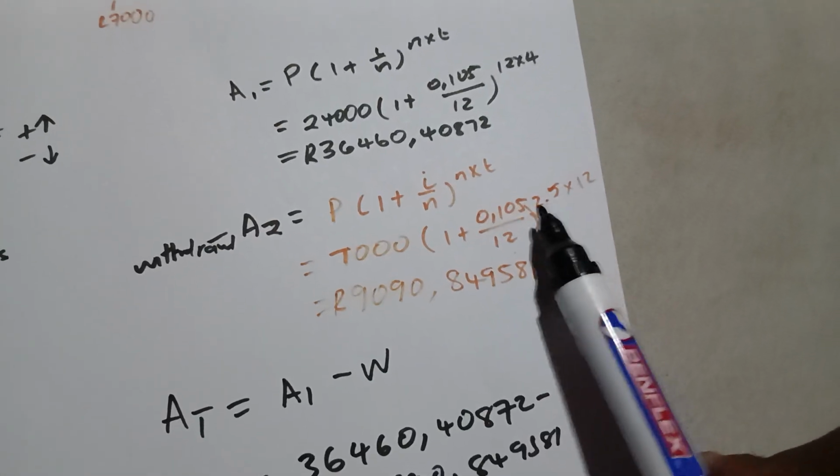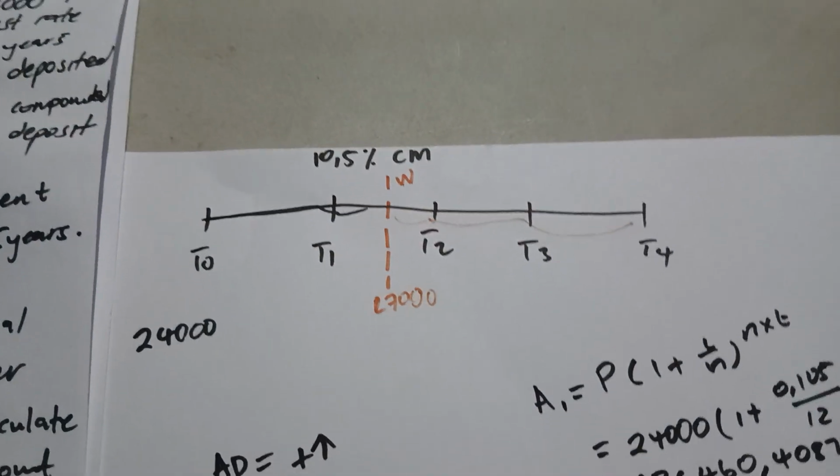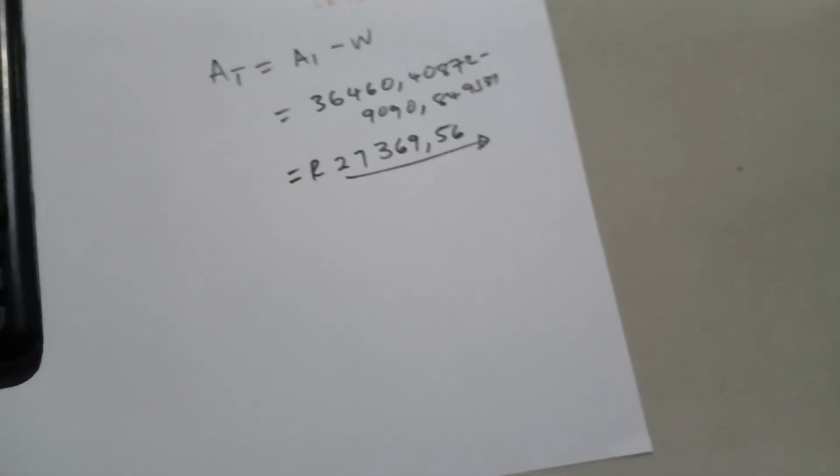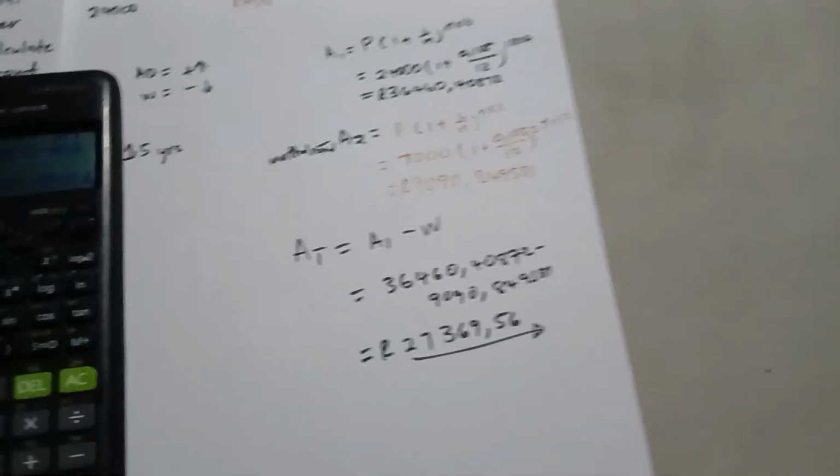Hence this here is 2.5. Why? Because it's the remaining time here. Just remember that.